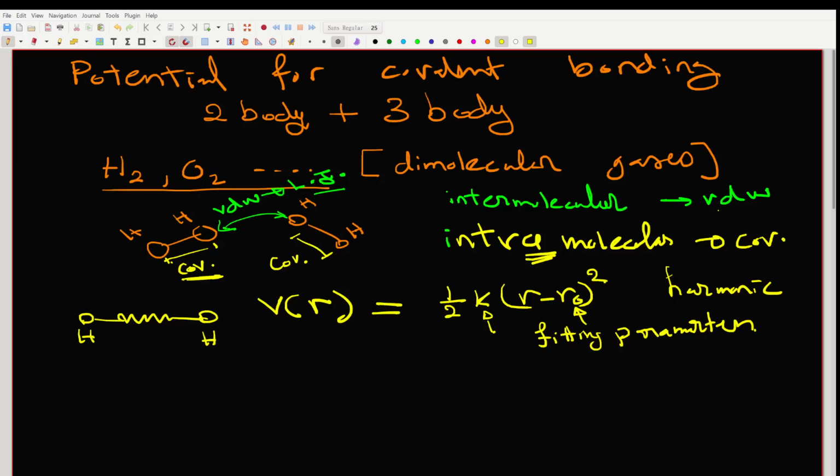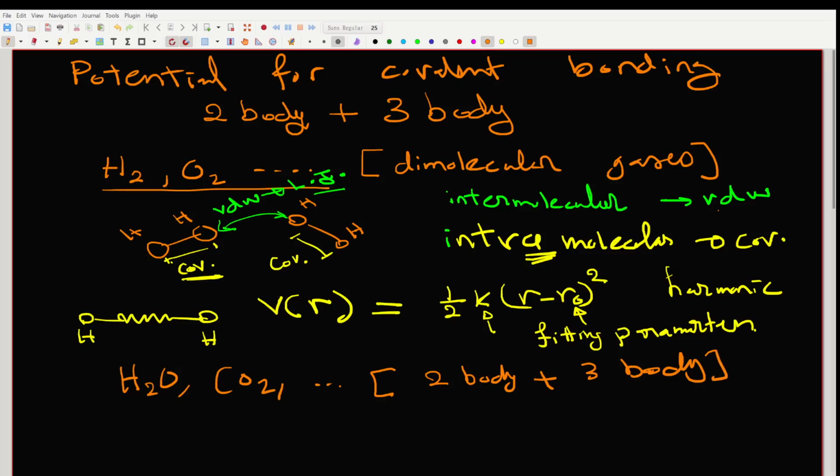Now, if you have molecules with three bodies in one molecule, like H2O, maybe CO2, maybe any molecule that has more than two atoms, here we will have both two-body and three-body interaction.